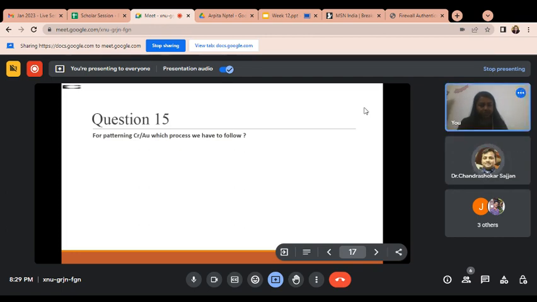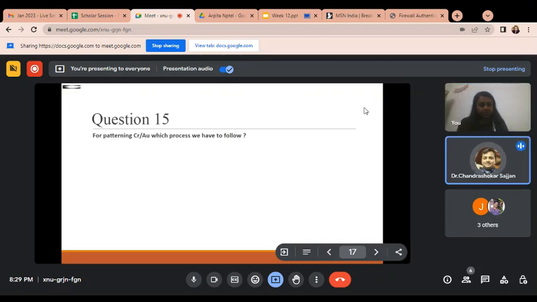Acetone? No, sorry. For developing, we have to use some developing solution. According to whether positive photoresist or negative photoresist is used, can you tell me the difference between positive and negative photoresist?